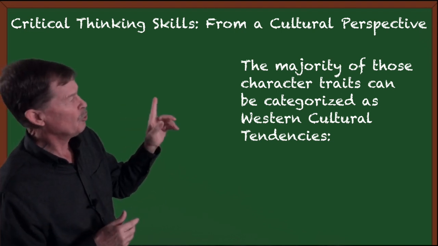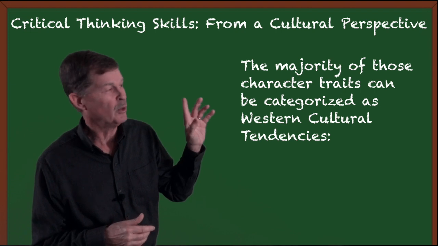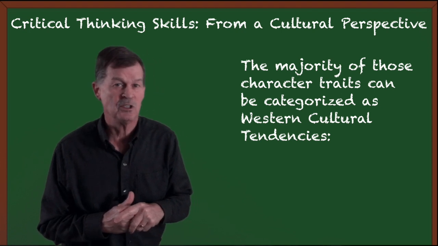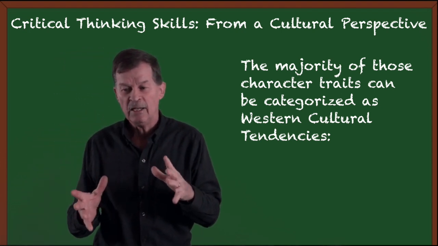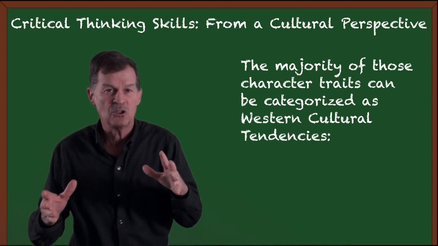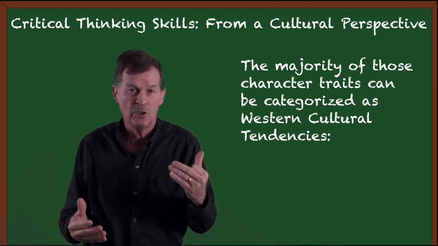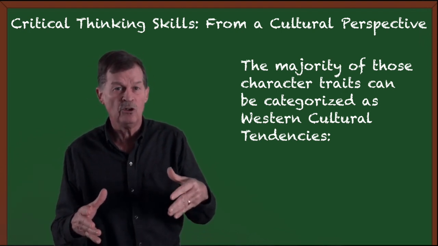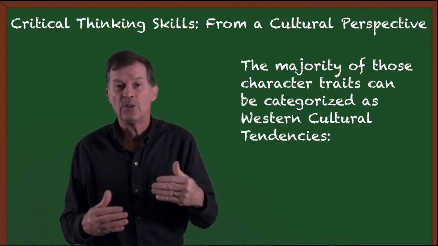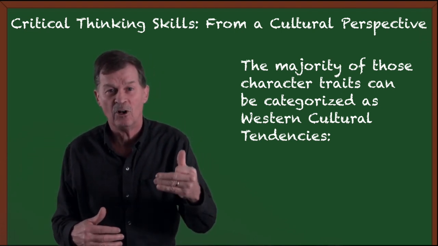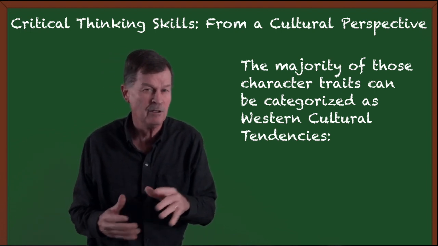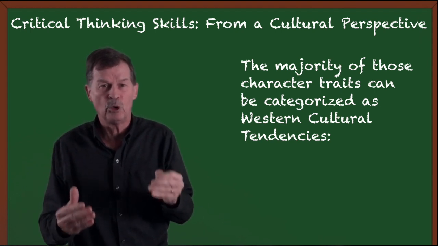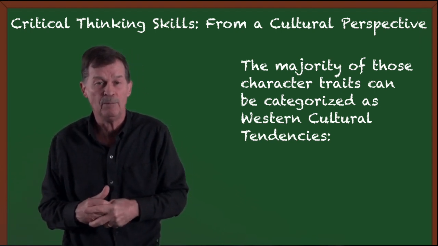The majority of those character traits that we just went over can be categorized as Western cultural tendencies, meaning that if our classroom has students with non-Western cultural tendencies, they will not be in agreement with many of those characteristics that are a part of critical thinking. Not in disagreement, but their cultural upbringing would prohibit them from expressing those same ideas.